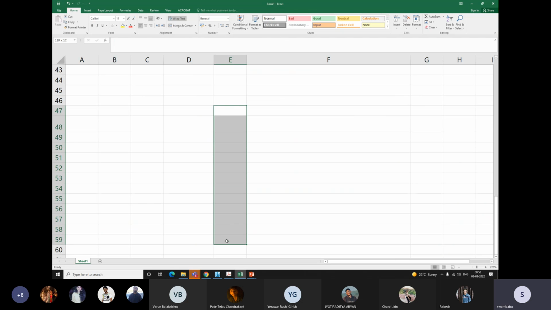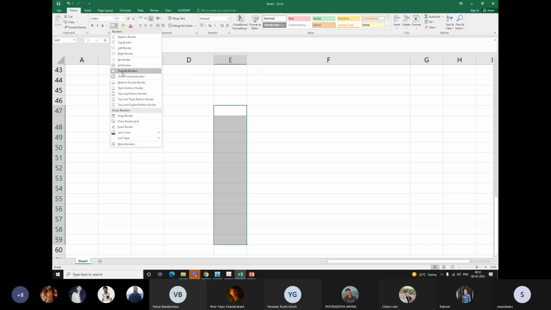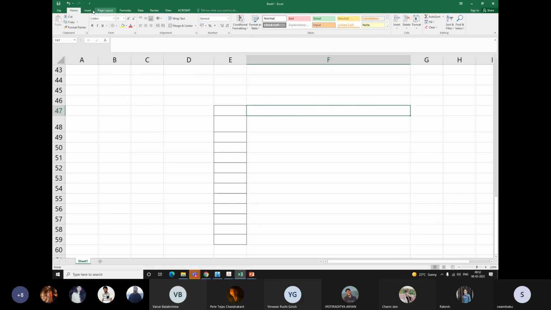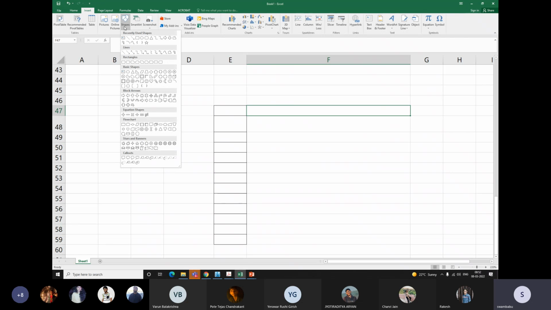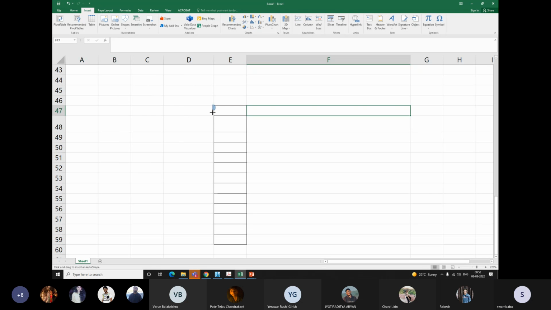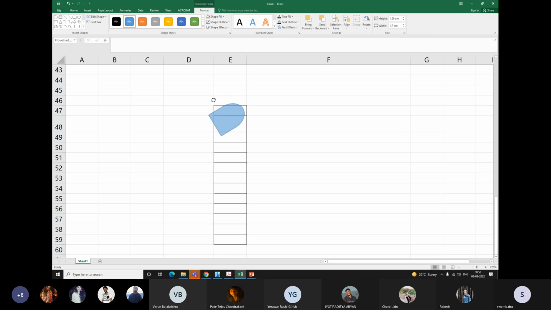Let's say this is a typical distillation column.